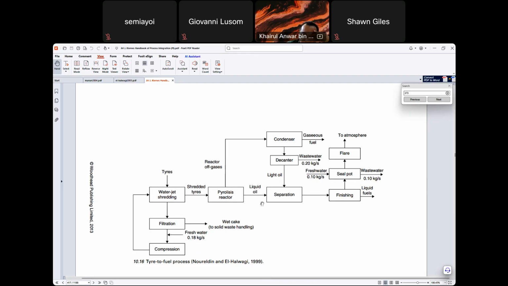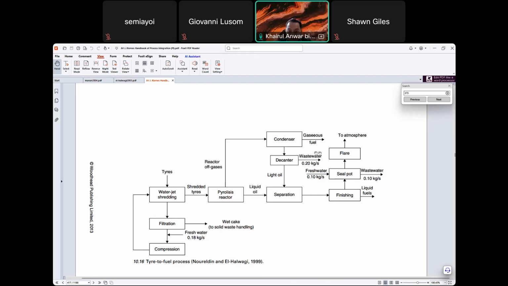So from the pyrolysis reactor, you get liquid oil and the gases. The gases go to the condenser. This is the gaseous fuel. From the condenser, this is a liquid form. They use the decanter to separate the two liquids at different density.